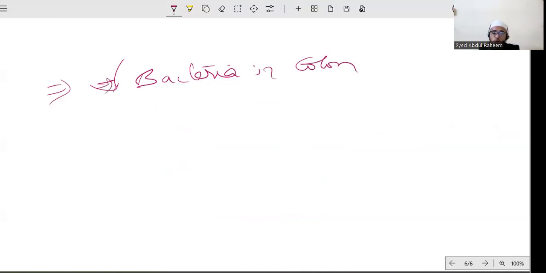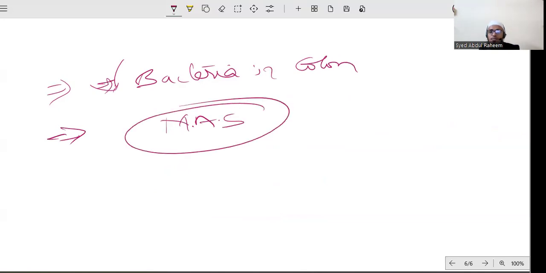These are the causes of malabsorption syndrome. So these are the things you have to remember.